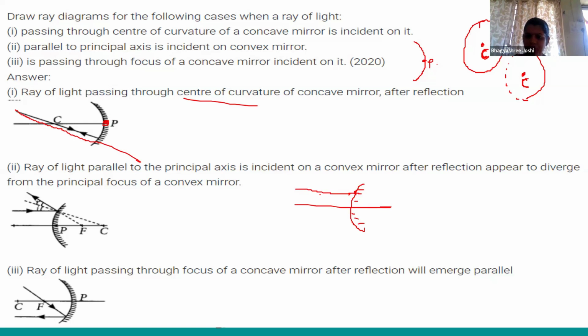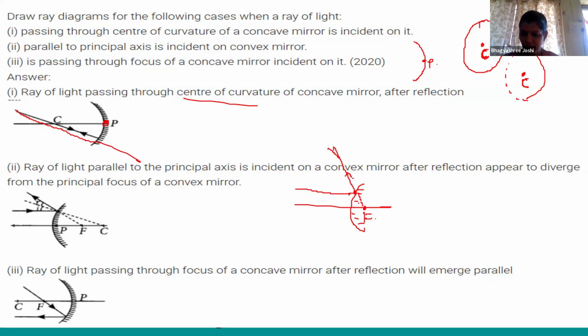When it touches the reflecting surface, the light travels in this direction and appears to meet at this point. That point we call F. So in the case of convex mirrors, the rays will not exactly meet, but they appear to meet.